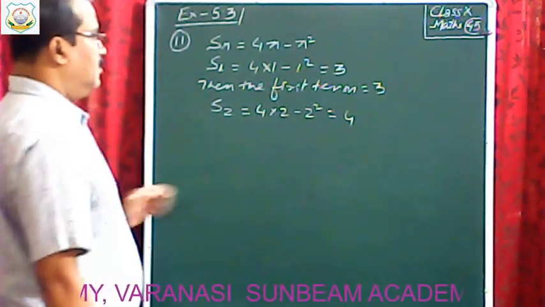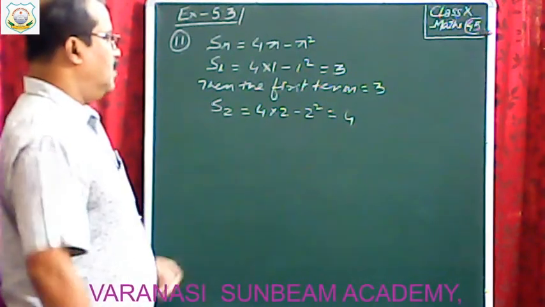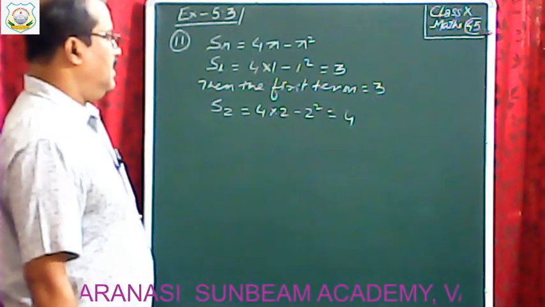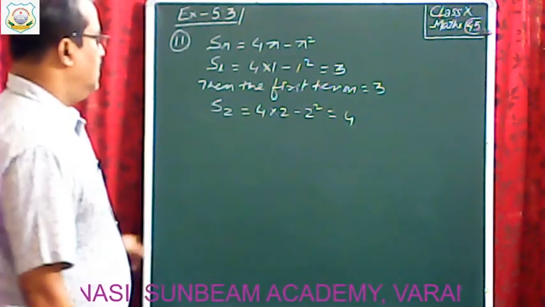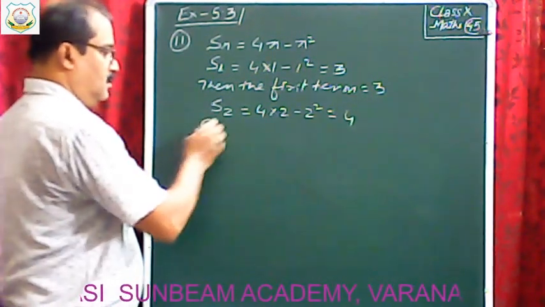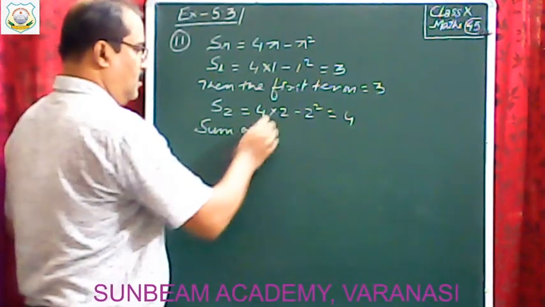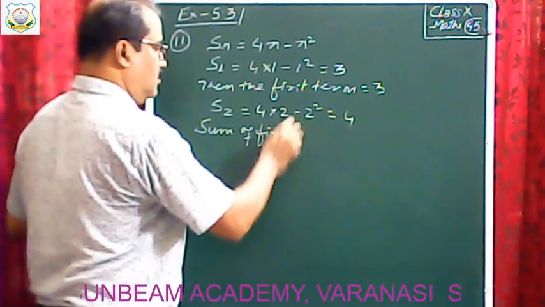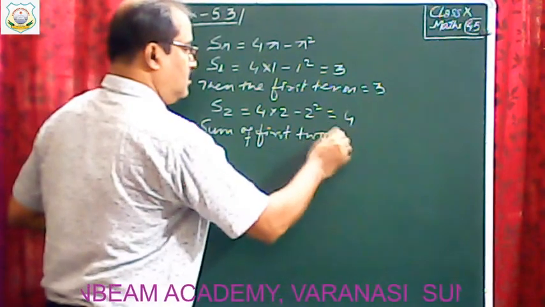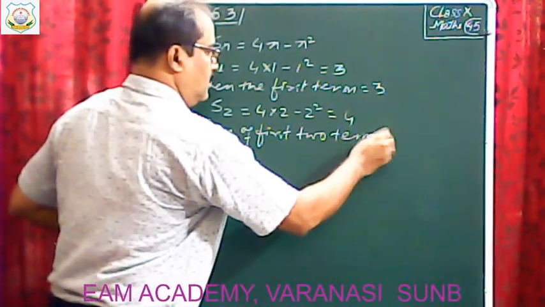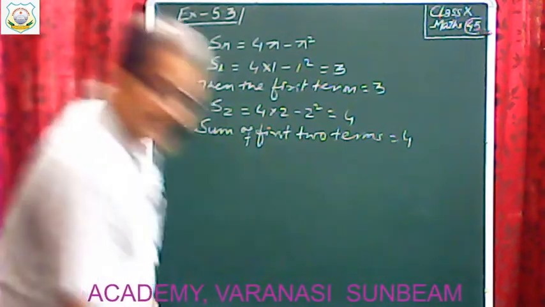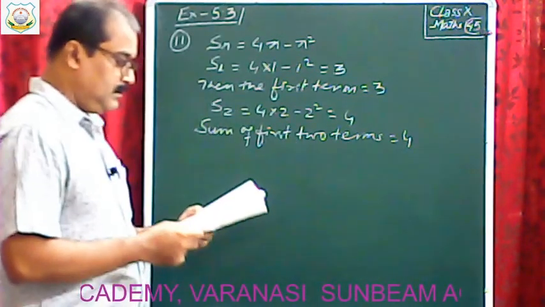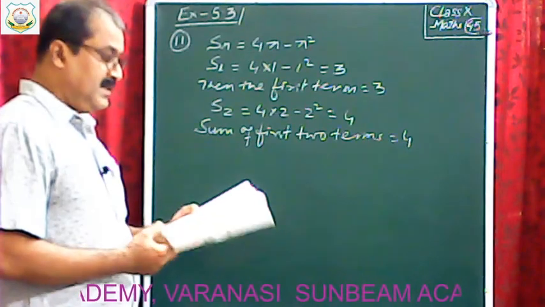So the sum of two terms of the AP is 4. Sum of first two terms equal to 4. Clear? Thereafter you have to find the second term.